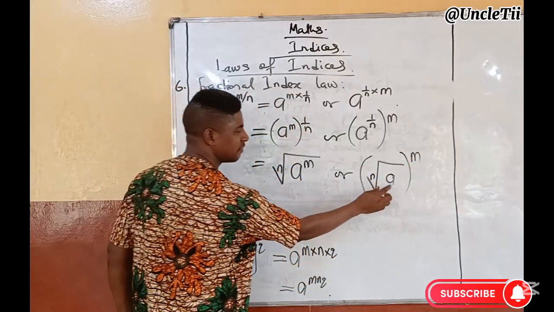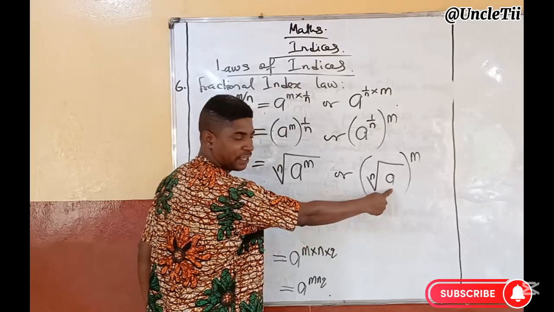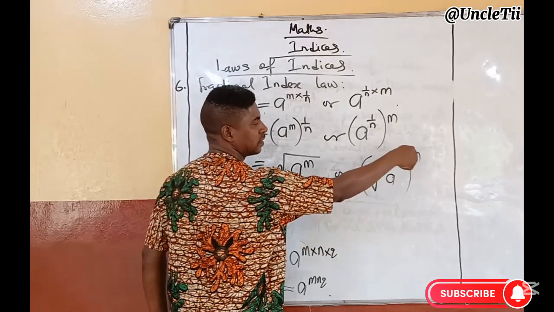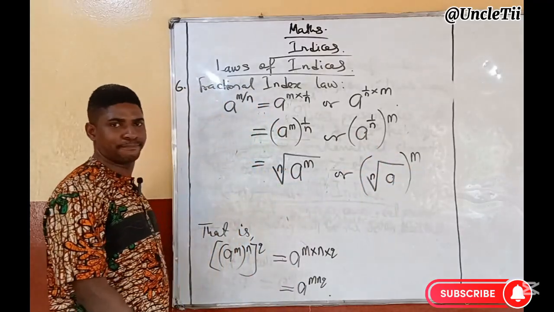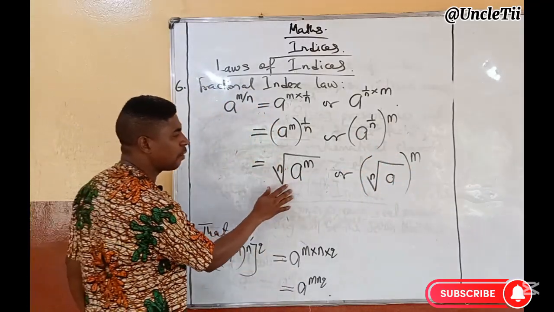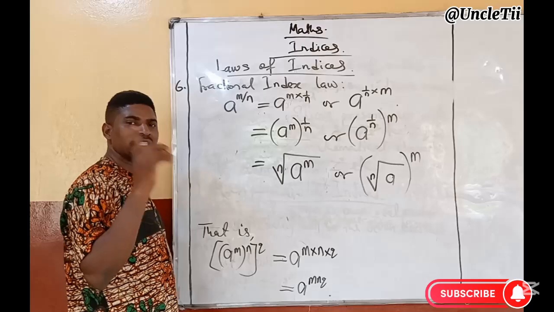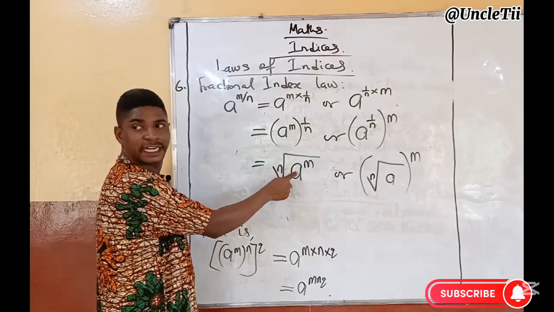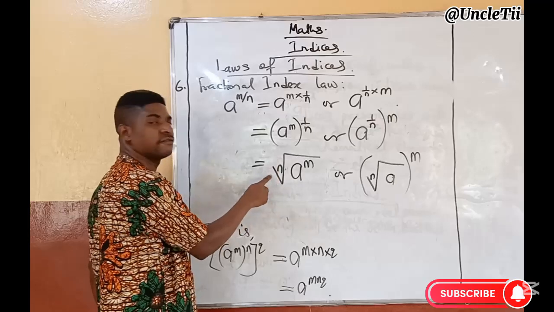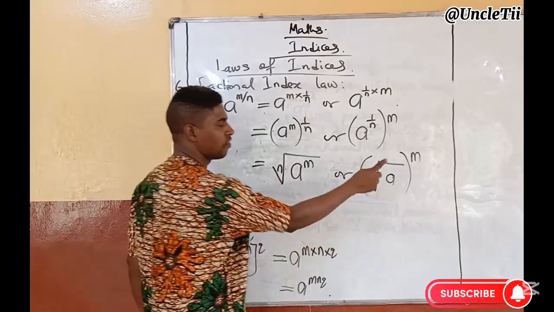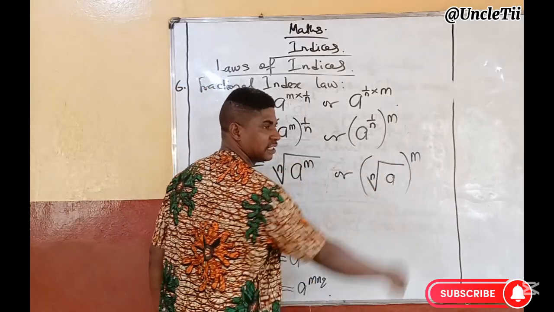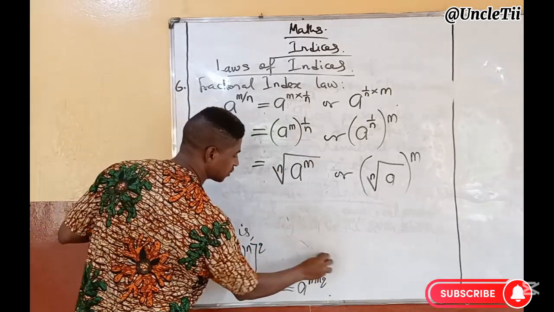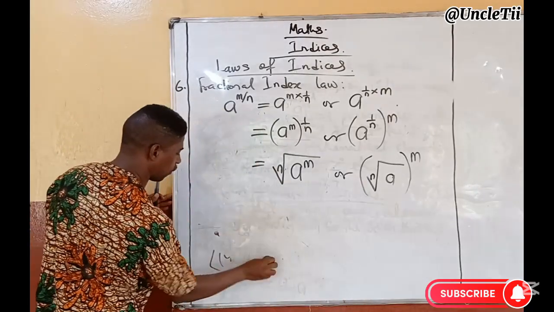So here, find the nth root of a, then follow it closely with raising it to power m. Whichever one you choose to do, both will always give you the same answer. Simplify a raised to power m first, then find the nth root, or find the nth root of a before raising it to power m. That is the fractional index law.